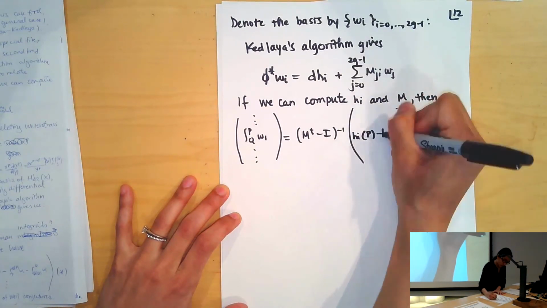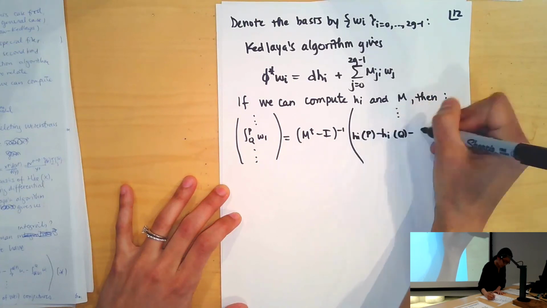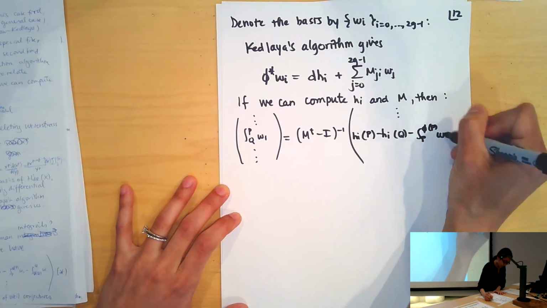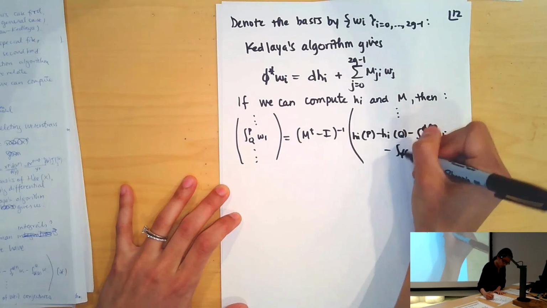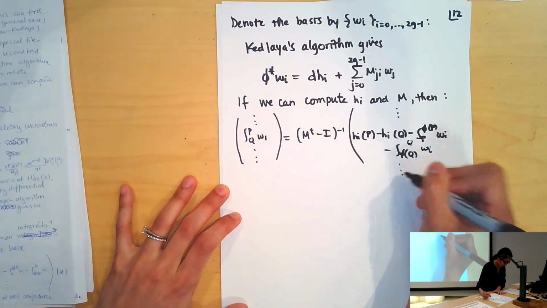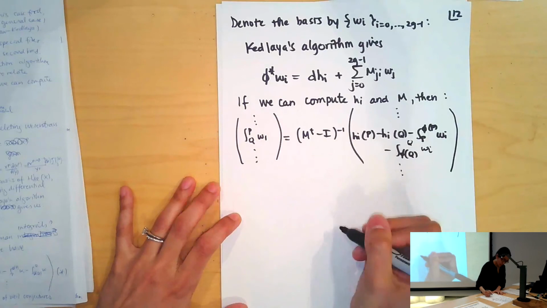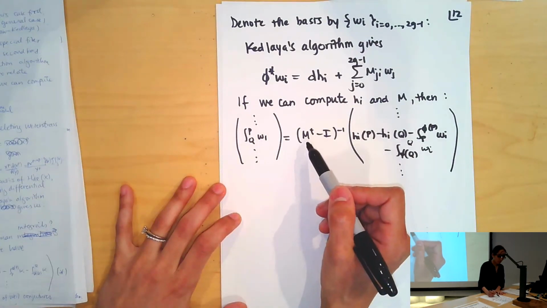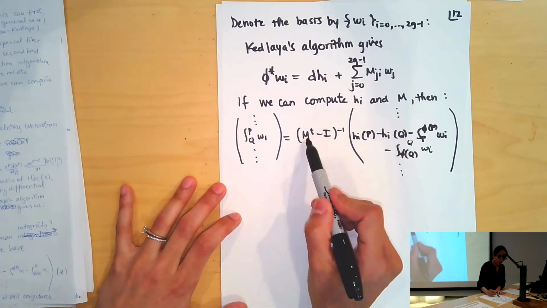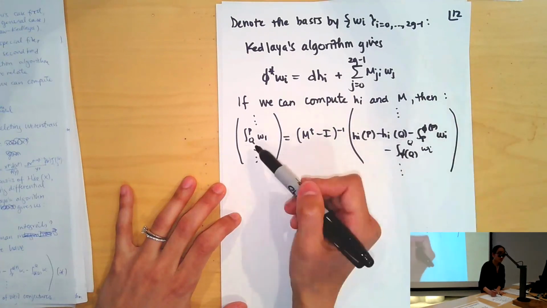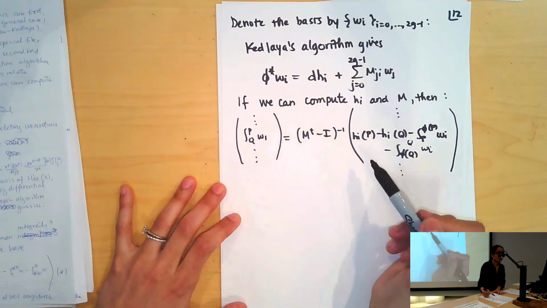So this comes out of the fundamental theorem of calculus, minus some tiny integral, so the integral from P to phi of P, and the integral from phi of Q to Q of omega i. And we can do this because we understand what the eigenvalues of this matrix of Frobenius look like. So we know that they have norm root p by the proof of the Weil conjectures. So we can take this minus identity and invert and get all the values, the Coleman integrals, on our basis differentials.